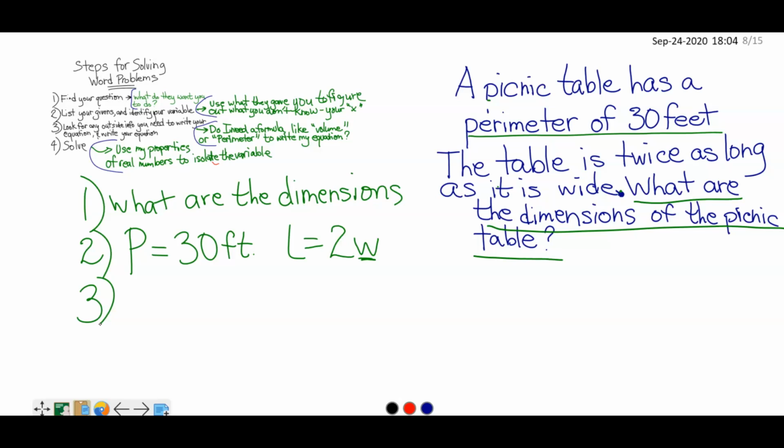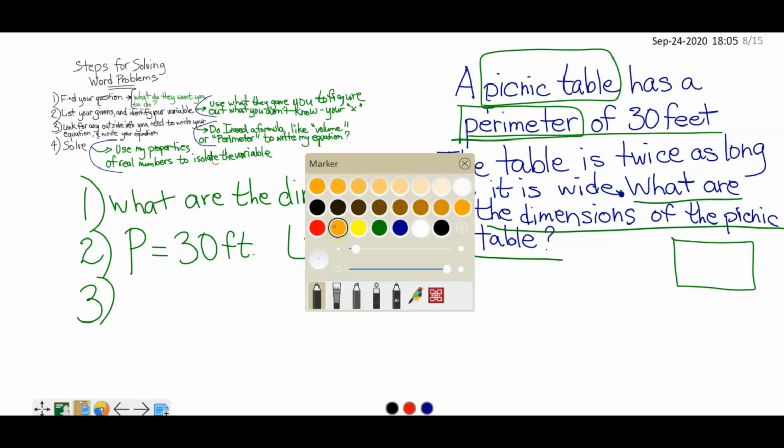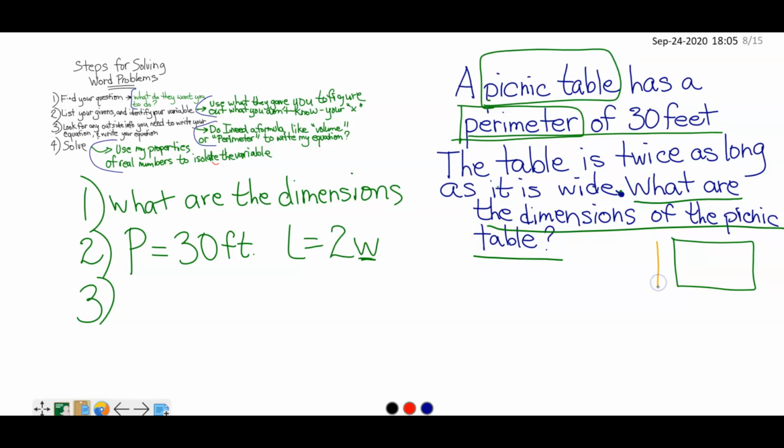We need to know what a perimeter is, and believe it or not, we also have to know what a picnic table is. What shape is a picnic table? And you can see that a picnic table is a rectangle. And the perimeter of something is the distance all the way around.